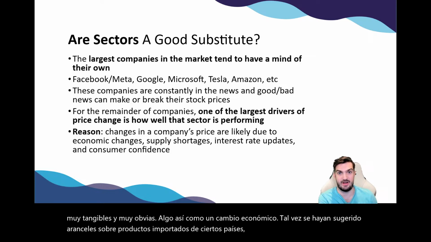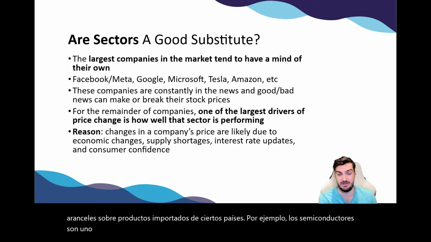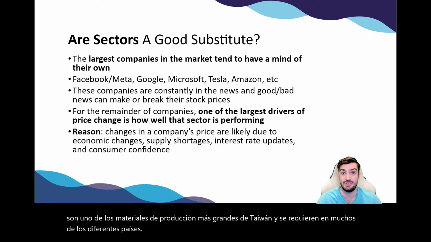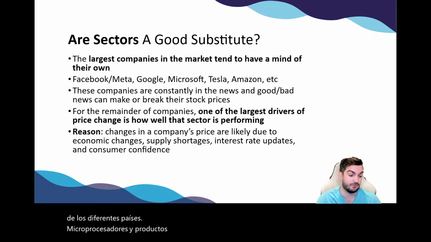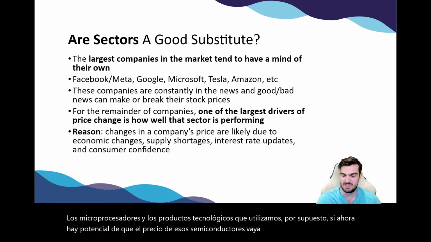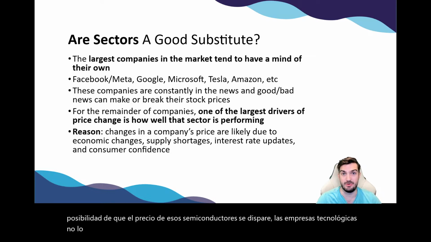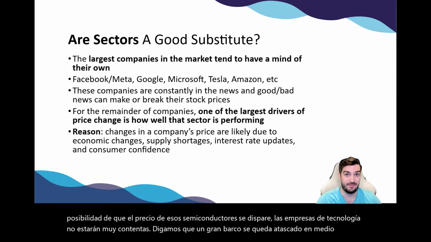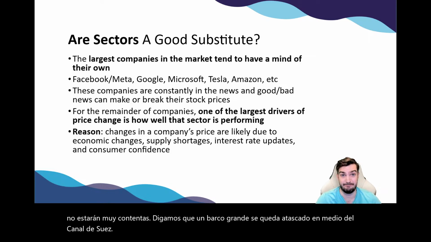semiconductors are one of Taiwan's largest production materials and are required in many of the different microprocessors and technology products that we use. Of course, if there is now potential that the price of those semiconductors is going to skyrocket, technology companies won't be too happy. Let's say a big boat gets stuck in the middle of the Suez Canal, and now their supply chains are disrupted.